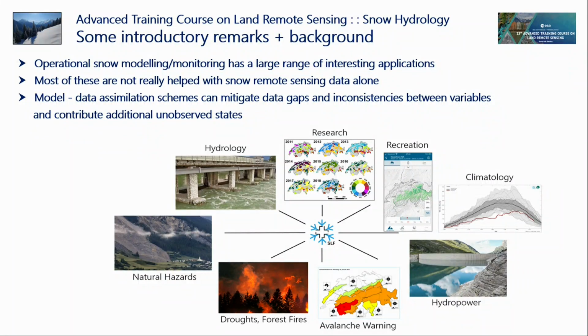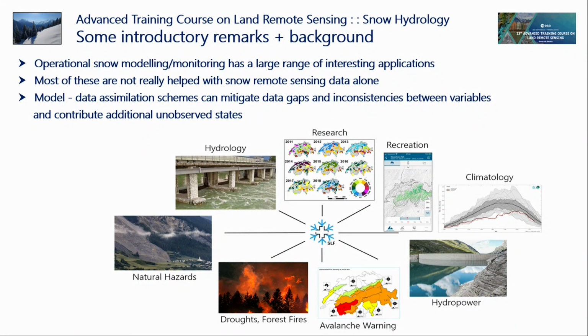And most of all those people who use those snow hydrological data products, they see remote sensing as an interesting data source, but they're not really helped with that alone, because it has information with gaps, and it's not to the point where they need it, because at the end of the day, they probably need snow water equivalent or snow melt or something like this, and there's not a single remote sensing product that helps them alone. Exceptions exist, of course.